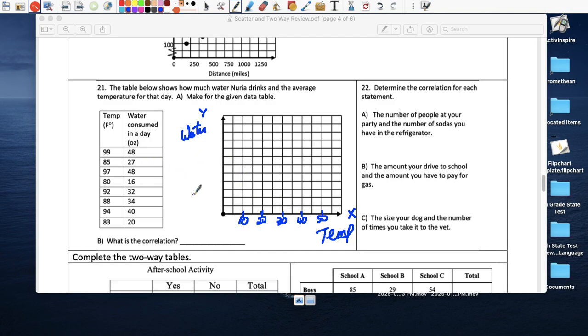And up and down the temperature, I'm going to take a break right here, and we're going to start at, because I don't need anything under 80, right? So let's just make this 80, I'm going to go 85, another 2 boxes 90, another 2 boxes 95, and another 2 boxes 100, just so they're all not bunched up. Oops, I did it backwards.